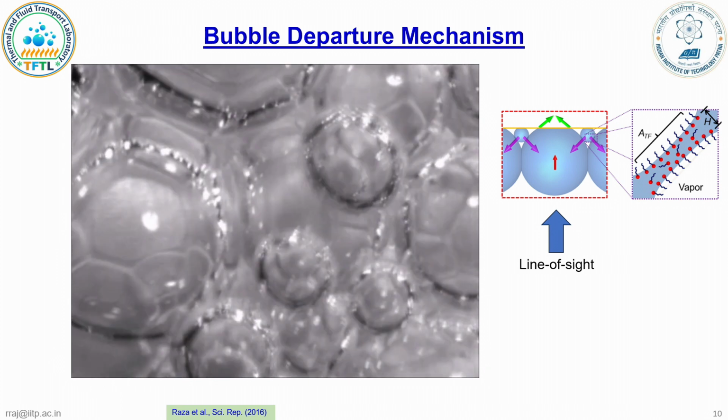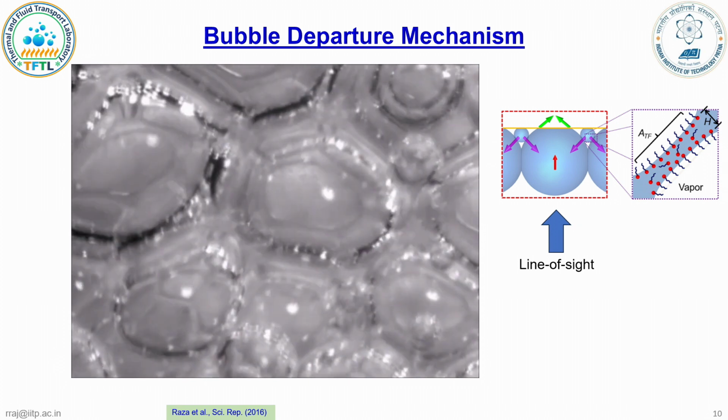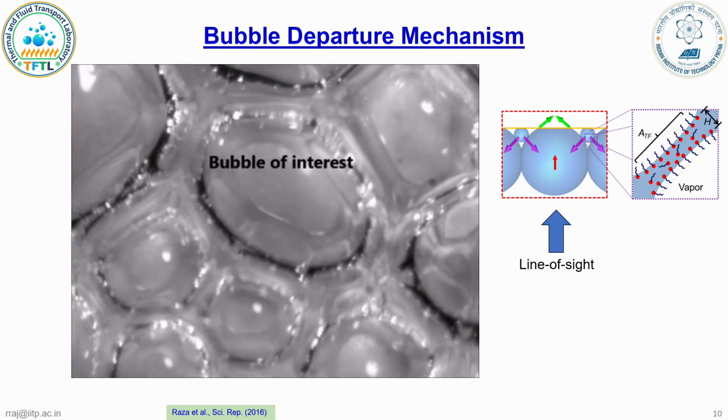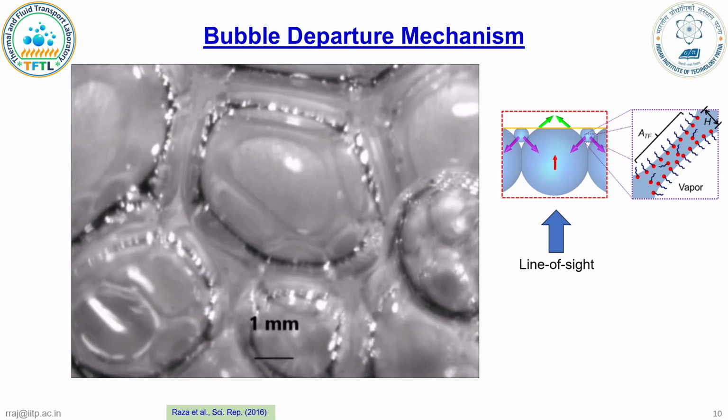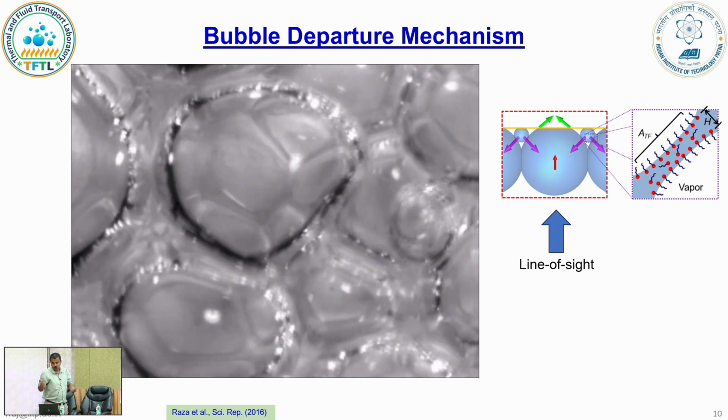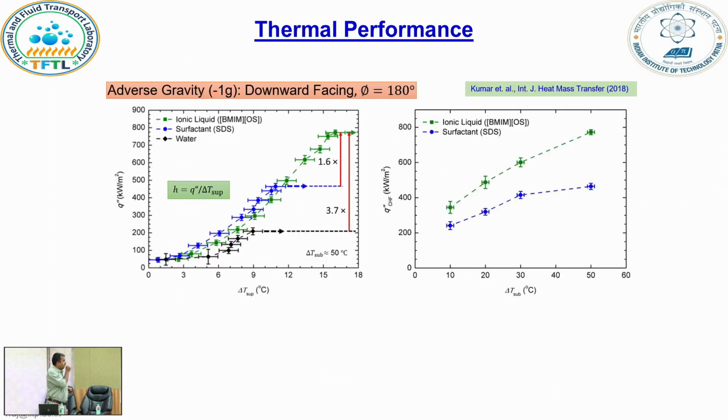So this was great. This was very interesting, because now what we are able to do is not allow dry spot formation on the heater in a downward facing configuration, which is basically adverse gravity, which never works. So here is just the typical pool boiling curve on such a downward facing environment.